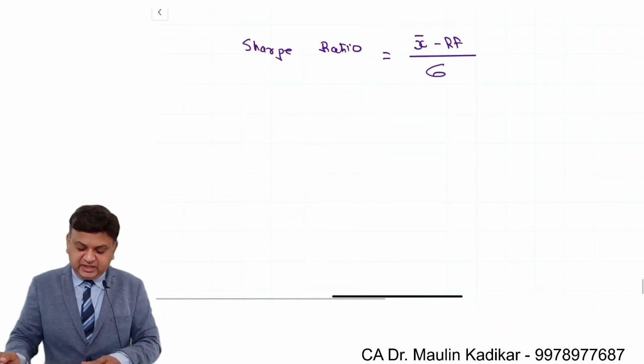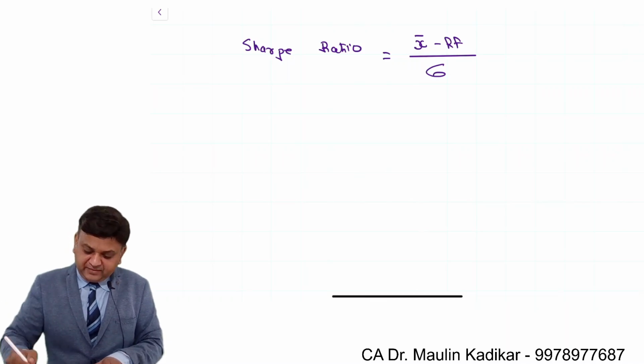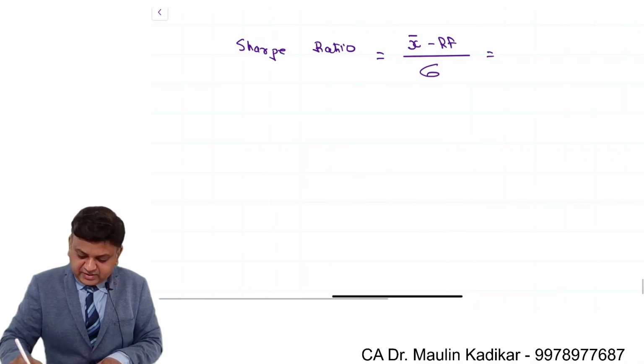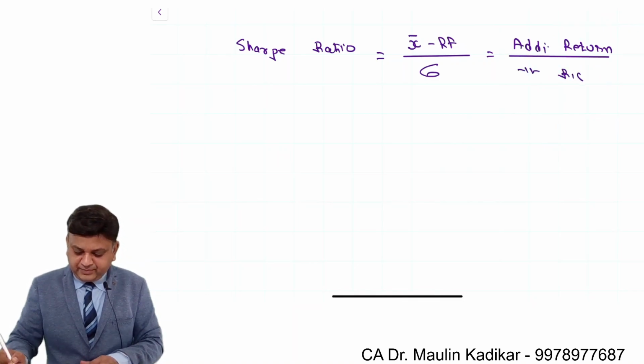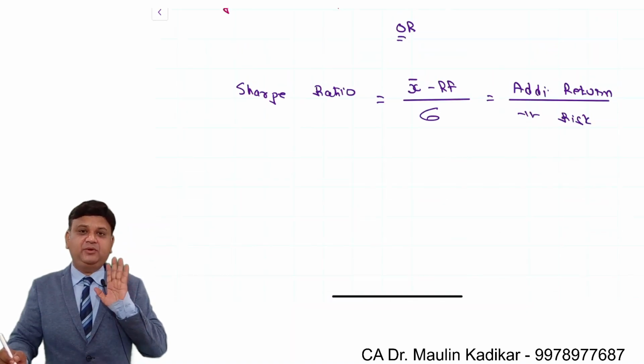I hope everybody recalls the Sharpe ratio, which is calculated as the additional return for every 1 unit of additional risk undertaken in the portfolio. Exactly the same thing is applicable over here.